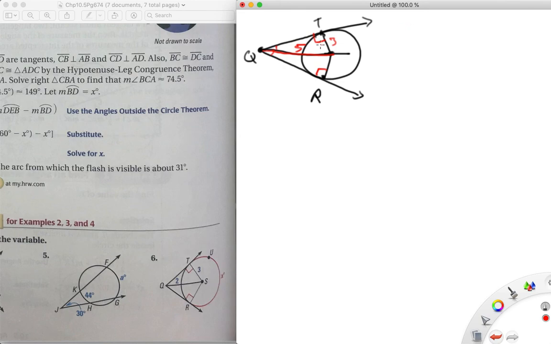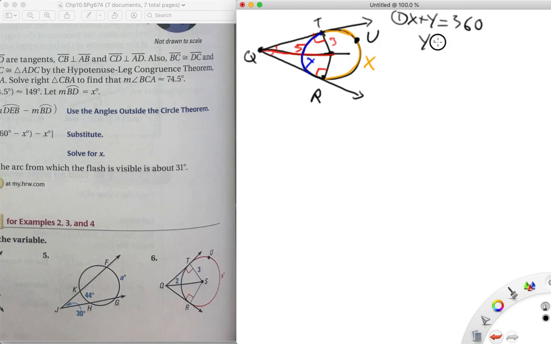We're looking for angle, well actually, no, let me set the parameters first. So we're going to call this outside guy here, and I guess there's some U up here too. Here's a U. We're going to call this outside arc X. And then we'll call the inside arc Y. So, like before, step number 1, X plus Y equals 360.